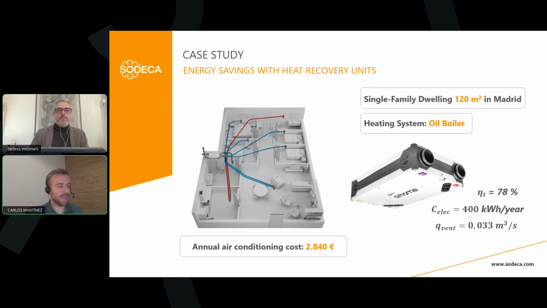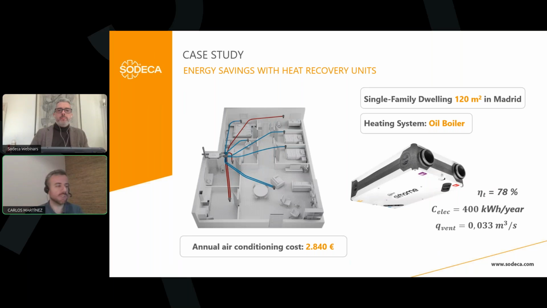So that's the final slide. This is an example of calculation of how much energy savings we can have using heat recovery units alone. Okay, we are not taking into account the use of, for example, insulation or high tightness.